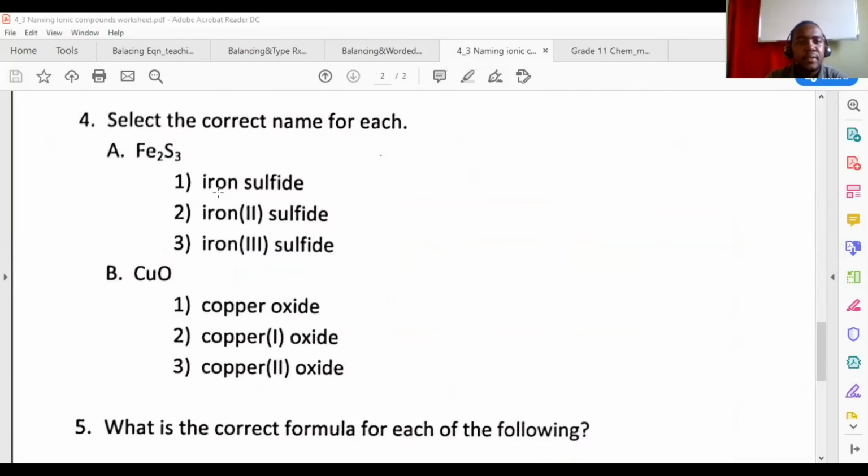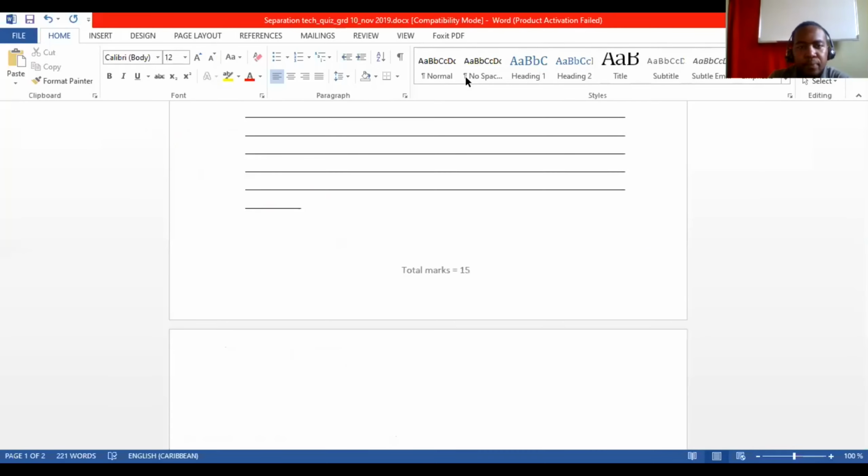So let's see. The correct name for Fe2S3 is iron 2 sulfide, or 3? Iron 3 sulfide. Great. And why do we use the 3 instead of the 2? Because its charge was 3.